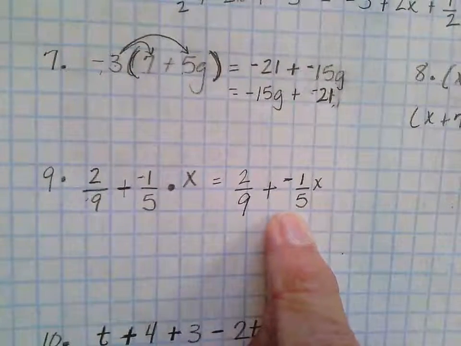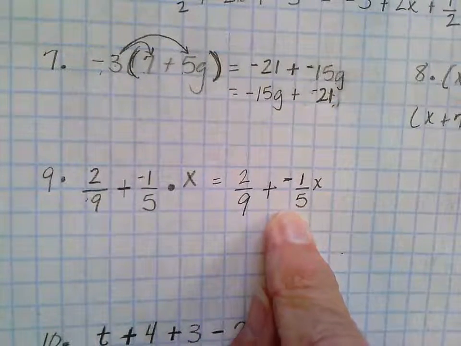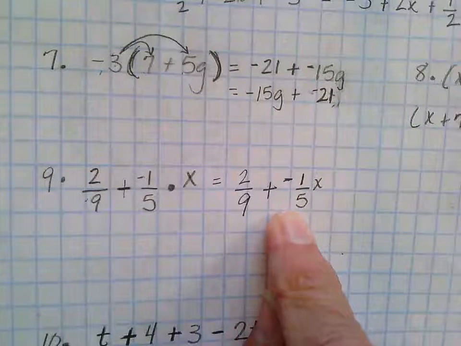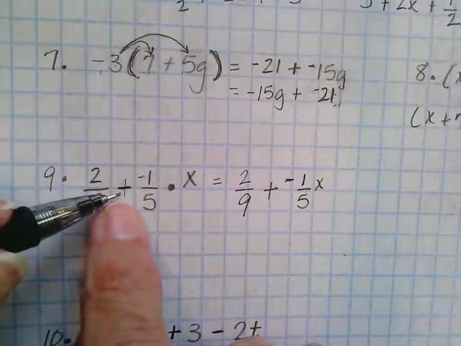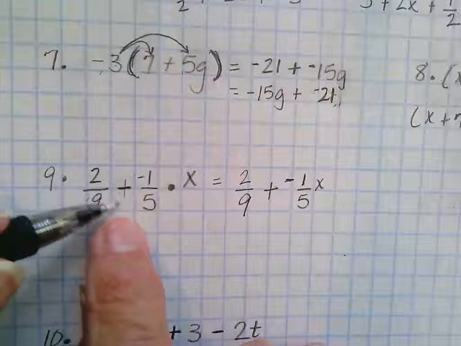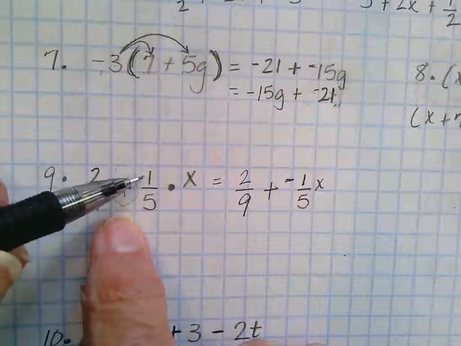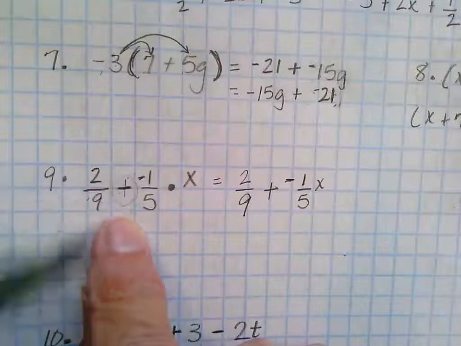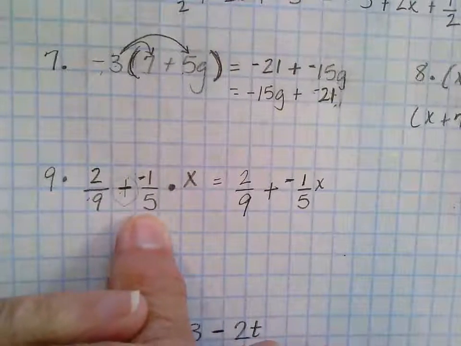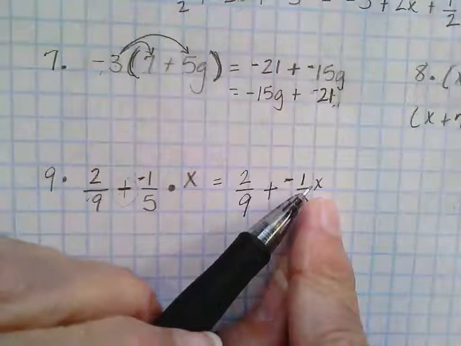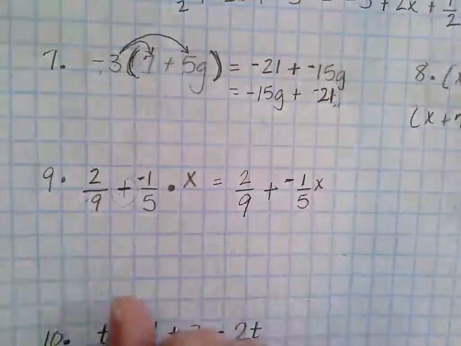This is an equivalent expression. I did not have to use properties of operation, so it's okay that I changed this and made this its negative, its opposite, and I just showed that these two were being multiplied this way.